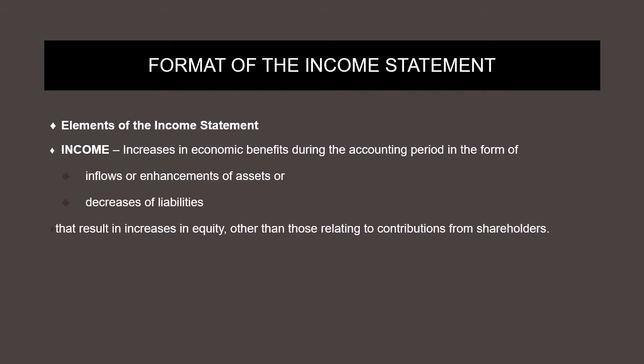Income is an increase in economic benefits during the accounting period in the form of inflows or increases of assets or decreases of liabilities that result in an increase in equity, other than those relating to contributions from shareholders.